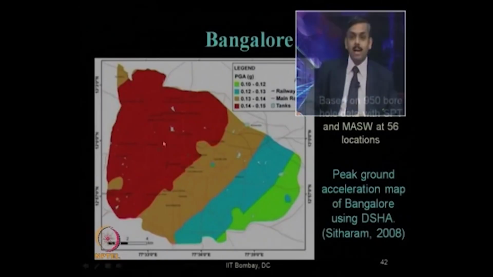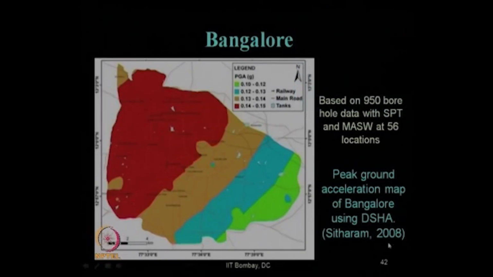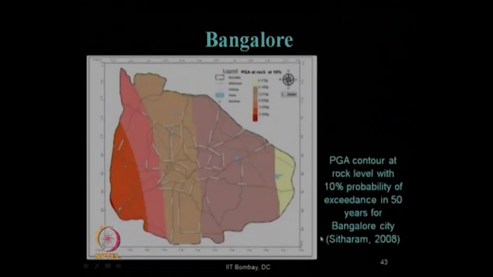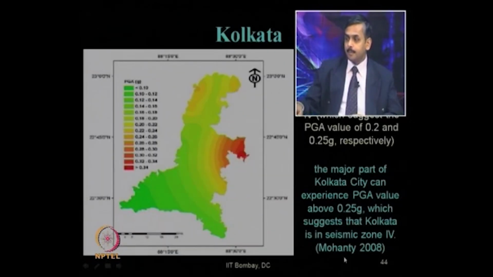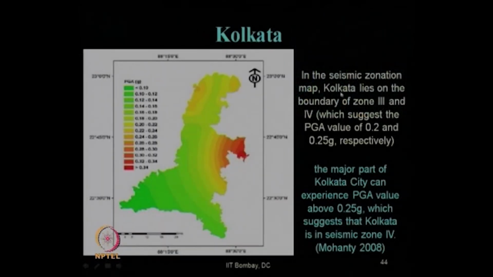For Bangalore city also, Sitharam in 2008 did the deterministic seismic hazard analysis based on borehole data, SPT data and MASW data, and the DSHA results have been mapped like this. And PGA contours at the rock level with 10% probability of exceedance in 50 years were proposed by Sitharam in 2008. For Kolkata also, it was proposed by Mohanty in 2008.